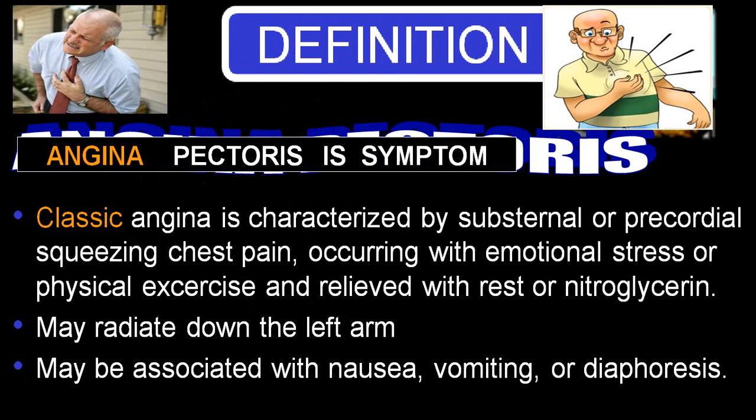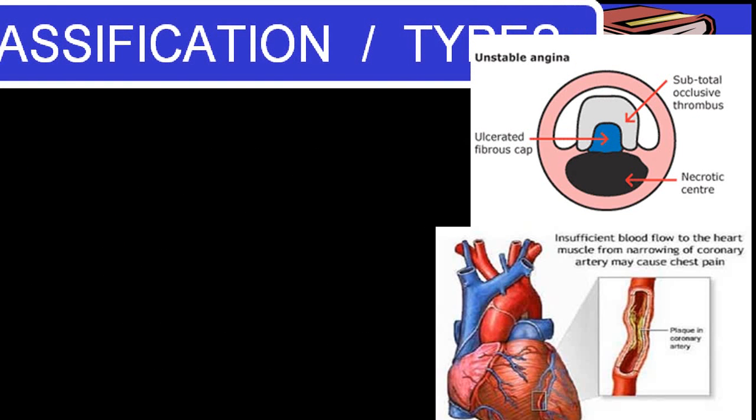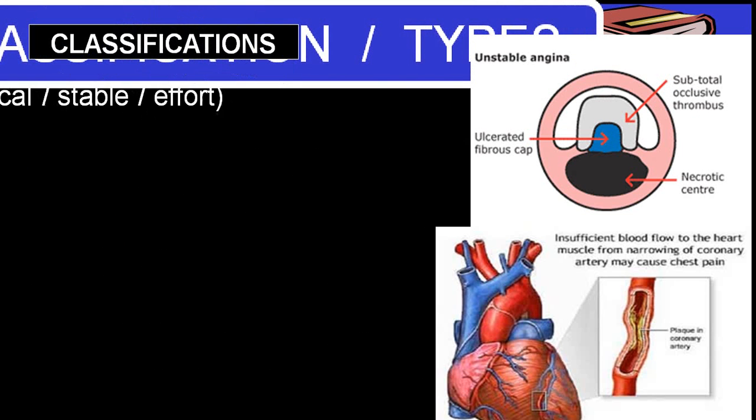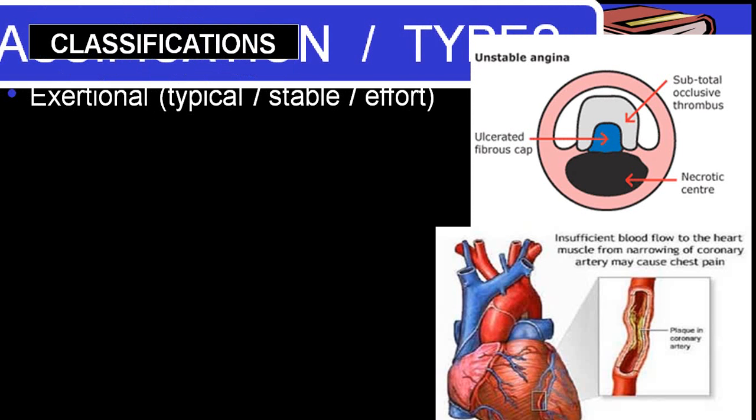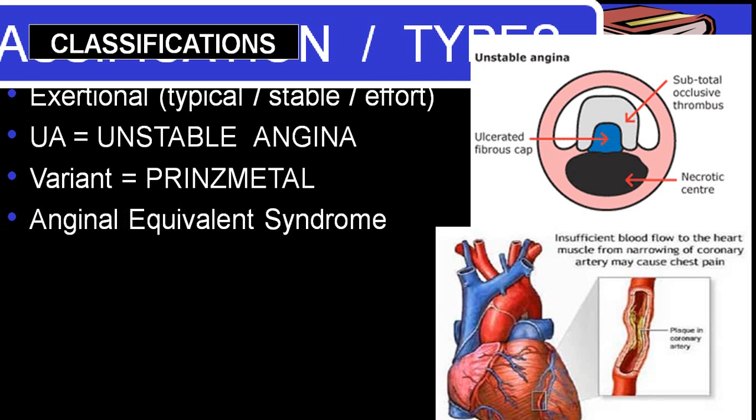So angina pectoris is basically a symptom. There are different terminologies being utilized, or we call types. Classical we call classical or exertional or typical or stable or effort angina. In acute coronary syndrome, we use the word unstable angina. There is another variety we call variant angina or Prinzmetal angina or vasospastic angina. There is one called angina equivalent syndrome.